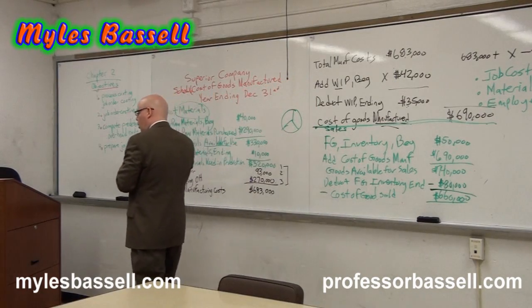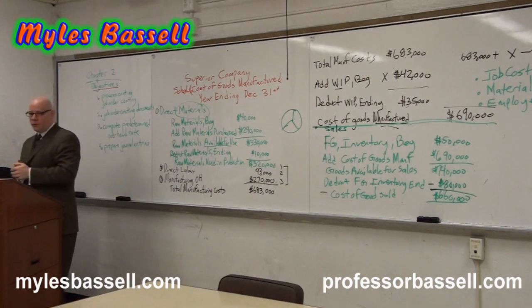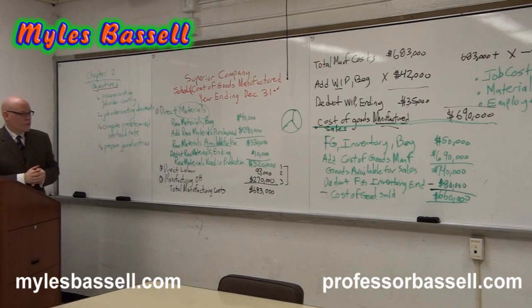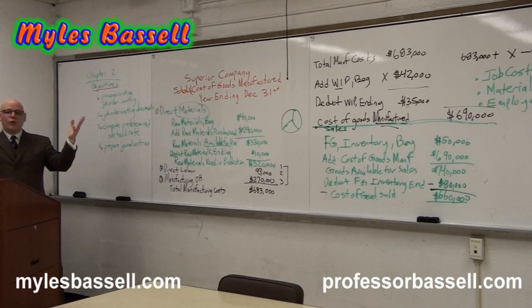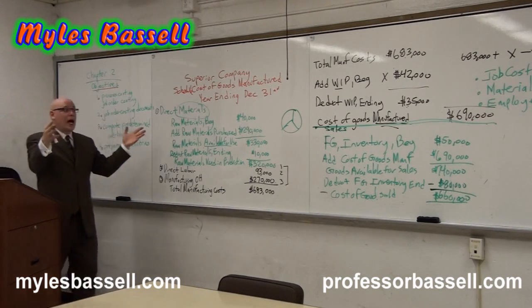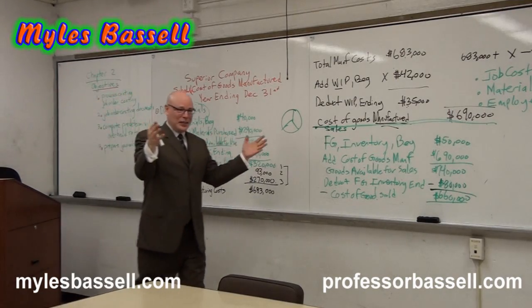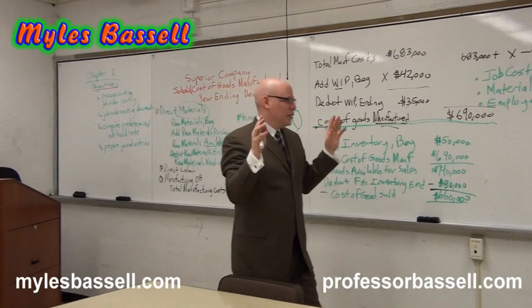So for this particular job, we could call it, what are we going to call this particular job? Let's call this particular job Sky. We'll give it a code name Sky.